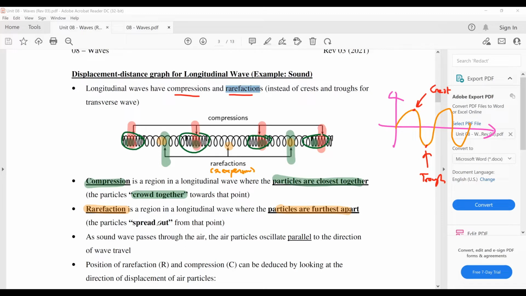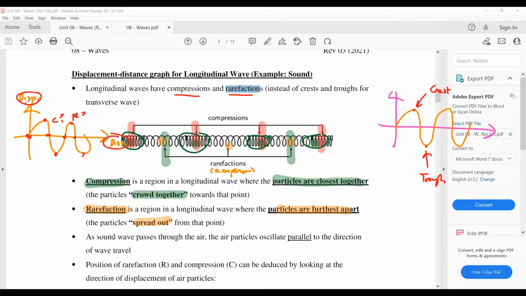So in your exam questions, whenever you're given a displacement distance graph, you will often be asked to identify, from some of these indicated points, which point is actually a compression and which point is actually a rarefaction, just by looking at the displacement distance graph.